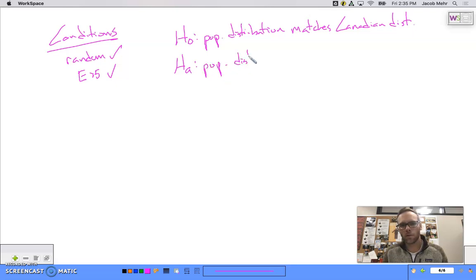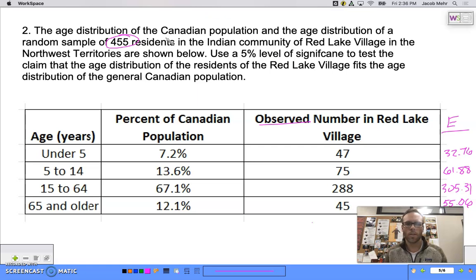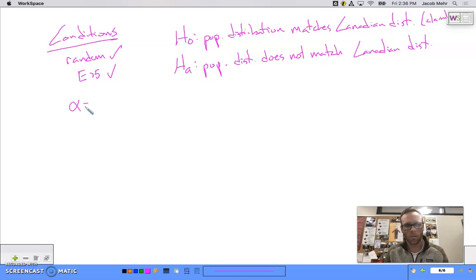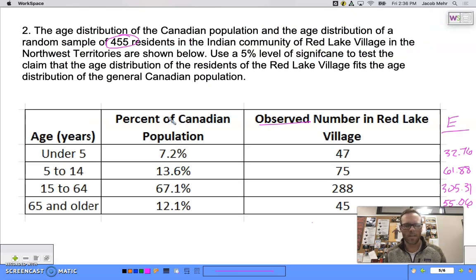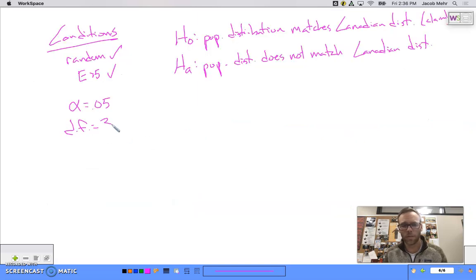The population distribution does not match the Canadian distribution. This one's our claim. All right, so let's see here. Level of significance, 5%. Degrees of freedom. Okay. Remember, that's number of categories minus 1. There's only 4 categories here, so our degrees of freedom is only 3.